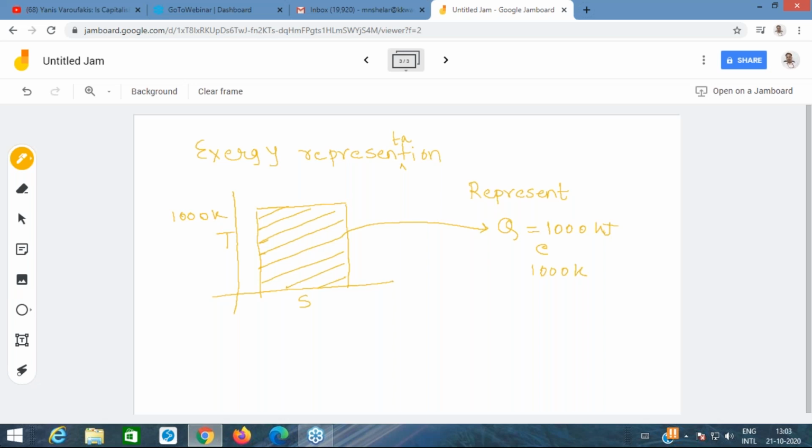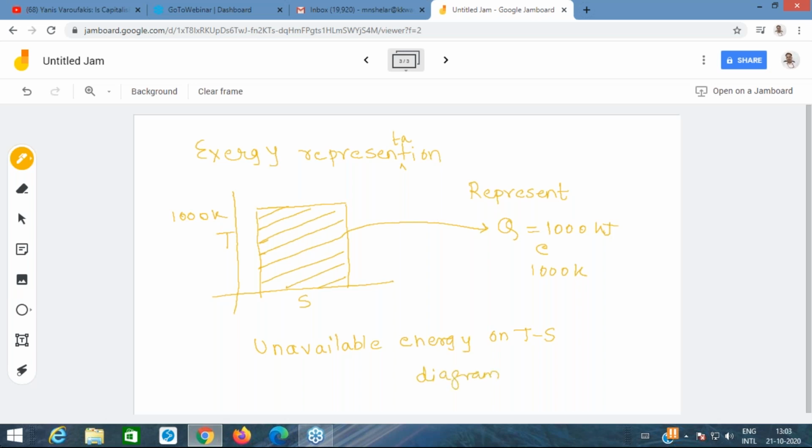Now I want you to show the unavailable energy on this TS diagram, for this given problem.